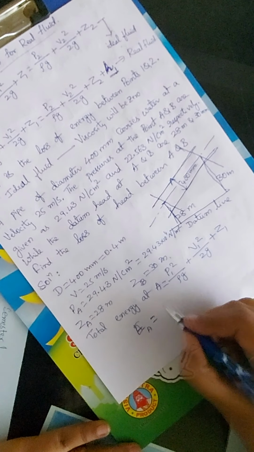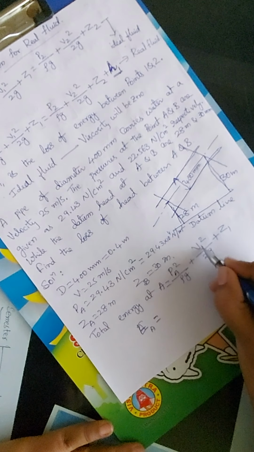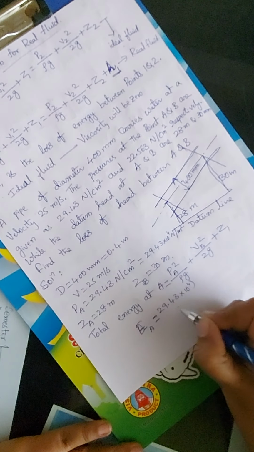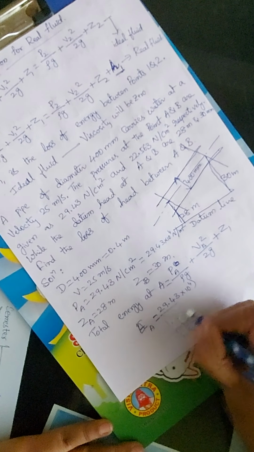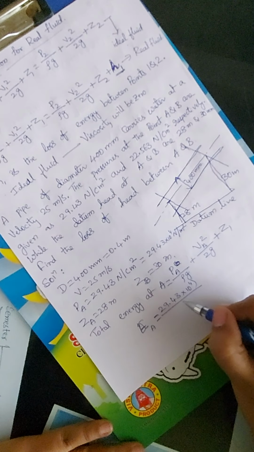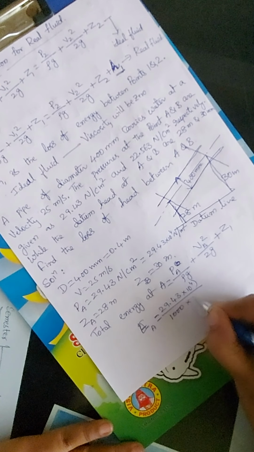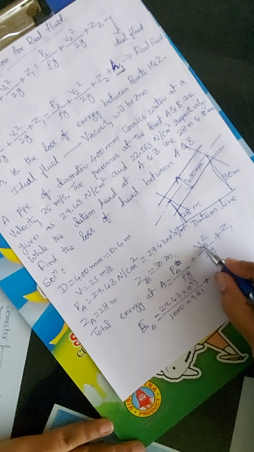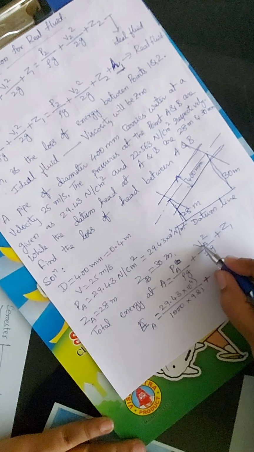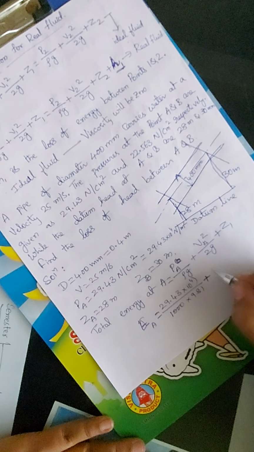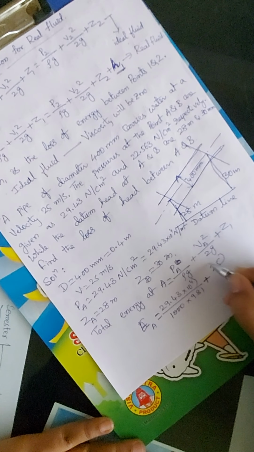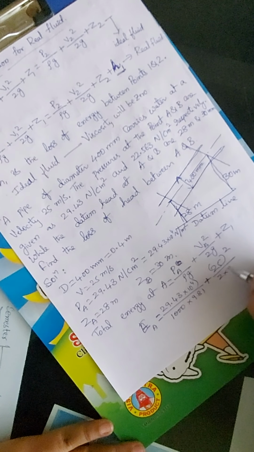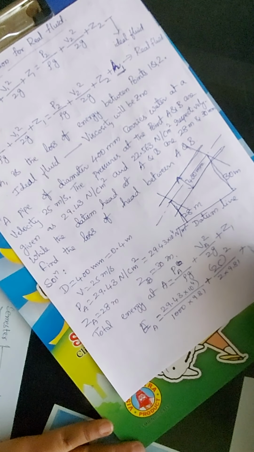PA divided by rho g, where PA is 29.43 into 10 to the power of 4, divided by 1000 into 9.81, plus velocity, which is 25 meters per second, so 25 square divided by 2 into 9.81, plus Z1, which is 28 meters.